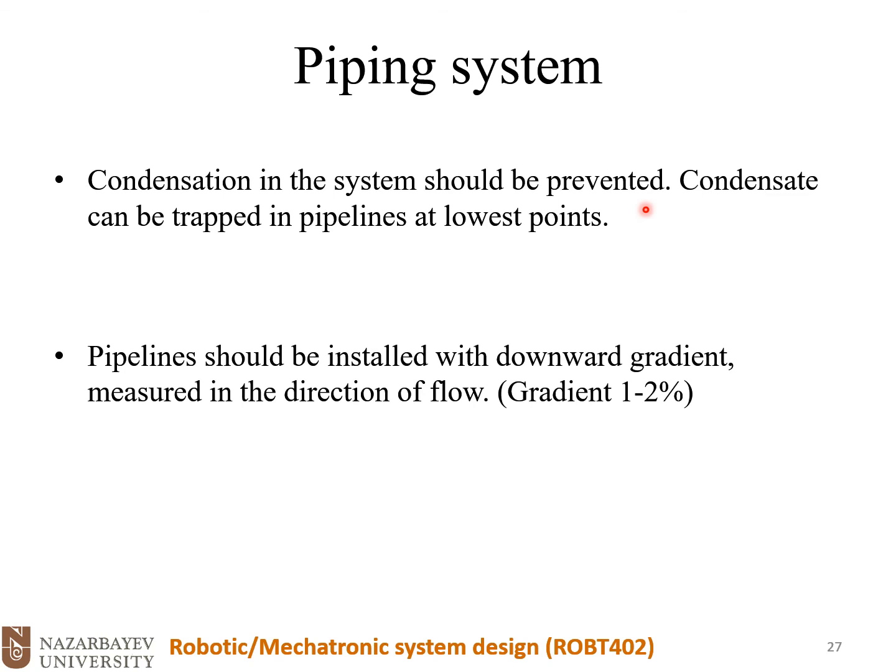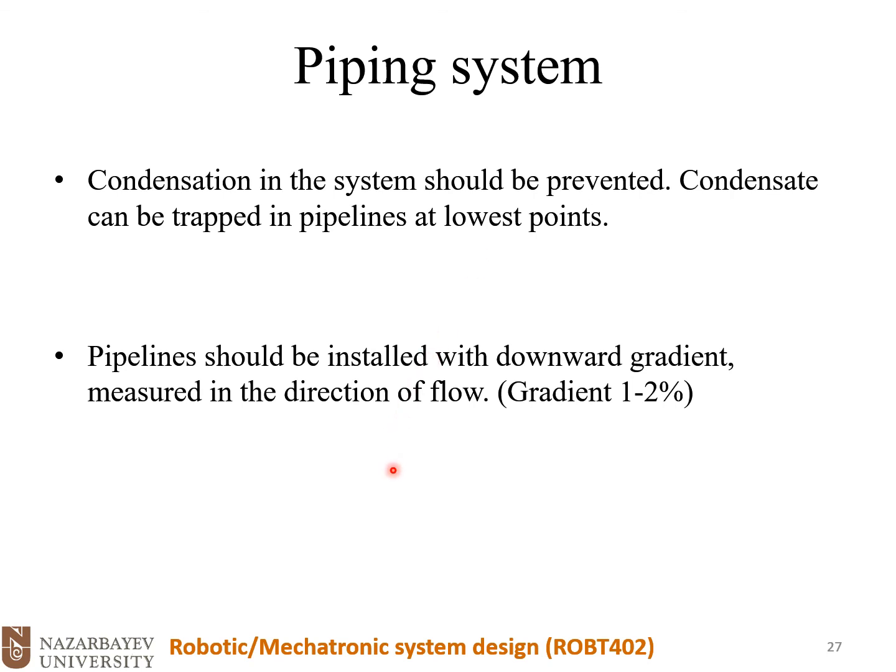We cannot let the water condense inside our pipes or inside our directional valves or inside our cylinders, because we will have an accumulation of water. Yes, the condensate can be trapped in pipelines at lowest points.